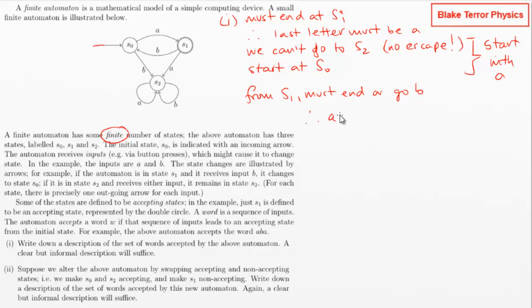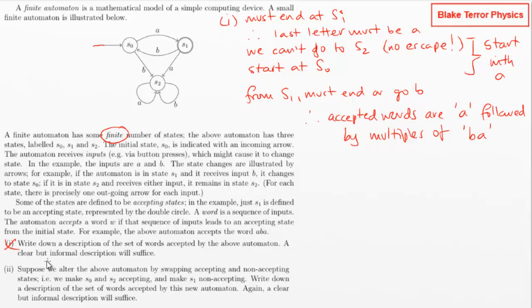So the accepted words are A followed by multiples of BA. So we could have A, ABA, ABABA, ABABABA, that sort of thing.